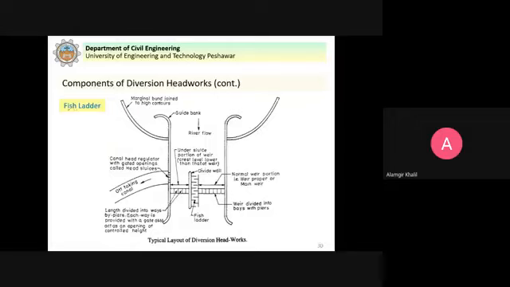Now next we discuss the fish ladder. The fish ladder is here, this portion you can see. This is the fish ladder.